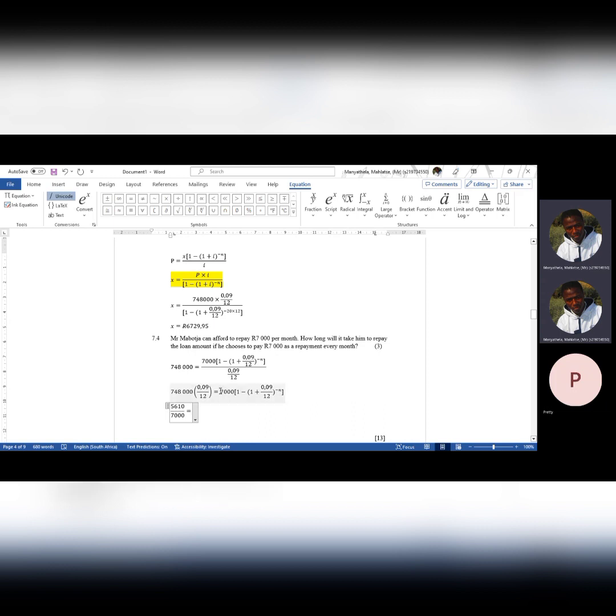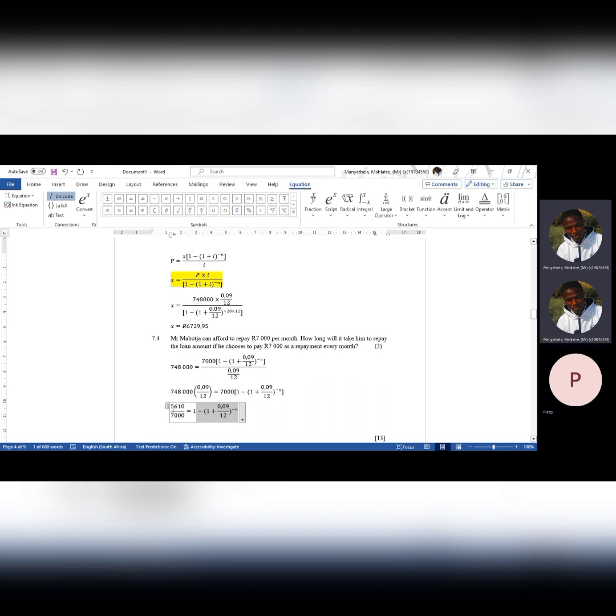If we divide this side by 7,000, 7,000 will cancel 7,000, and the only thing that will remain is what is inside the square bracket. So we can remove this square bracket. On the next step, we're going to take the whole of this thing to the left-hand side.